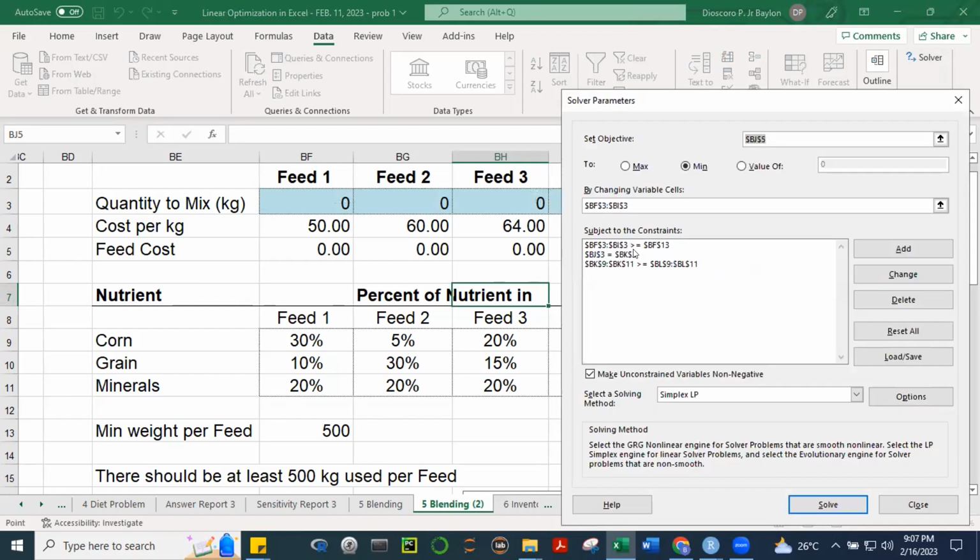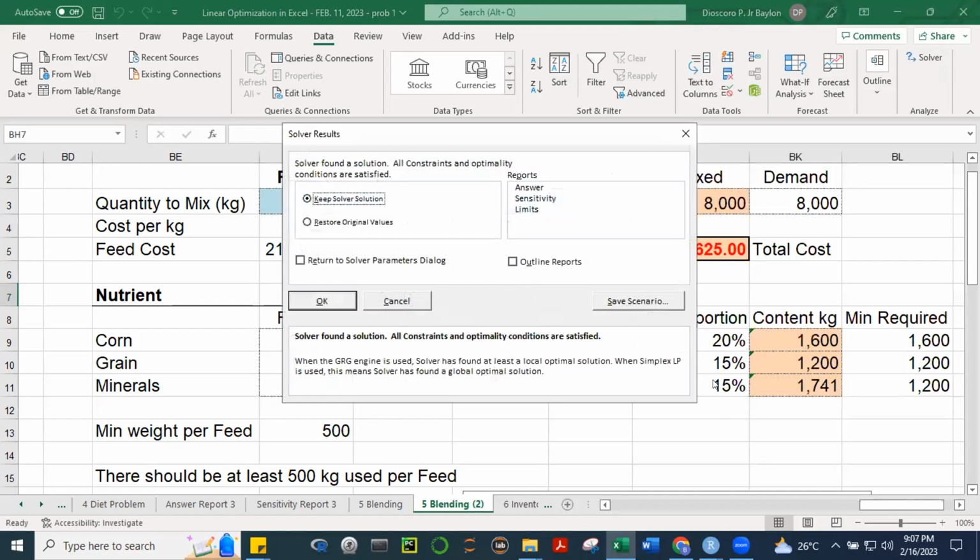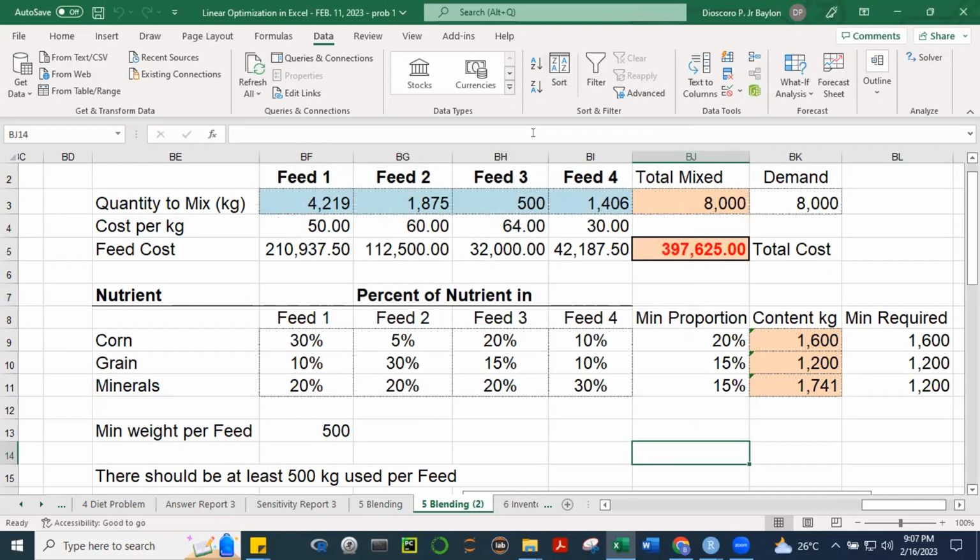Okay. So that should be the minimum, greater than or equal to 500, to make sure that each of the feeds should be utilized in the production. So solve. Okay, there you go. Solver found a solution. We can see now that the cost will be a bit higher because feed 3 has the highest cost, 64,397,625, but it does meet all the requirements.